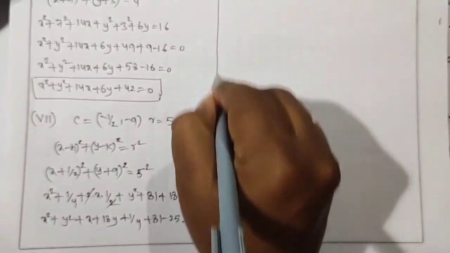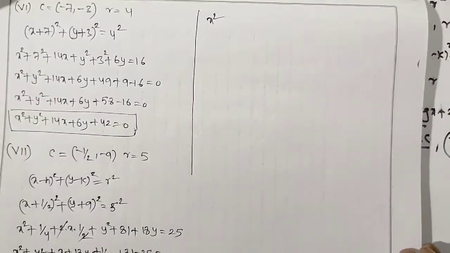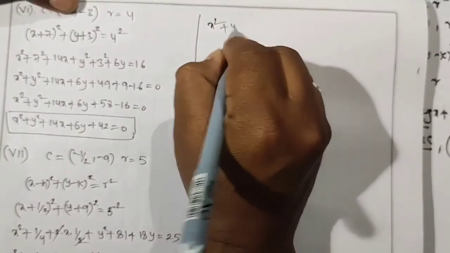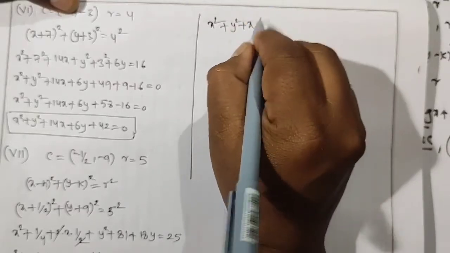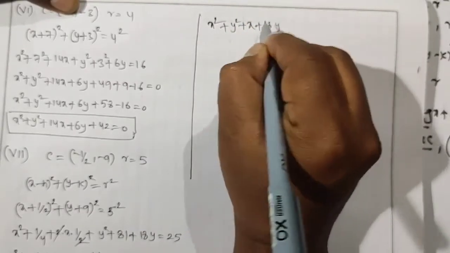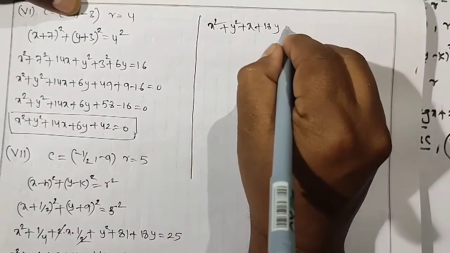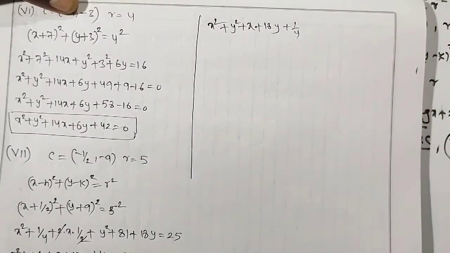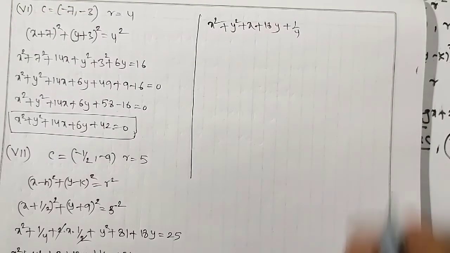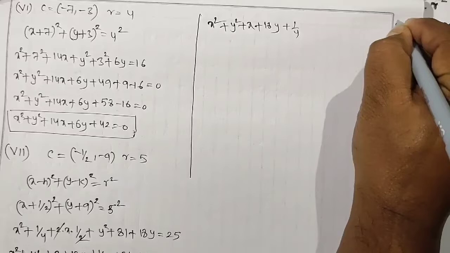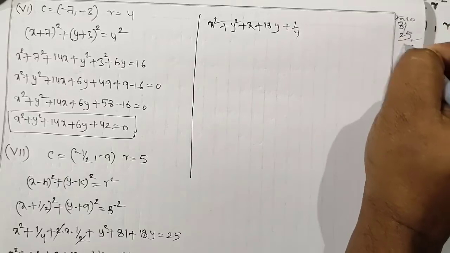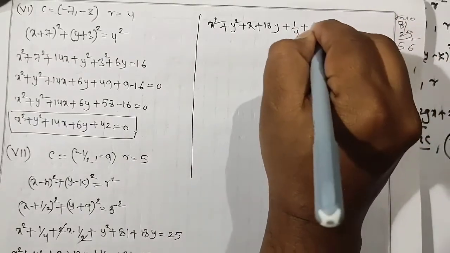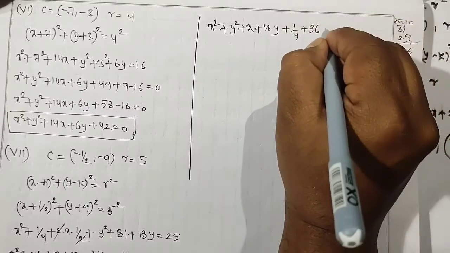So now x square plus y square plus x plus 18y, and plus 1 by 4, then 81 minus 25 is 56, so plus 56 is equal to 0.